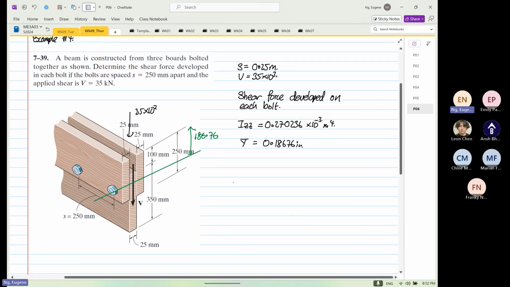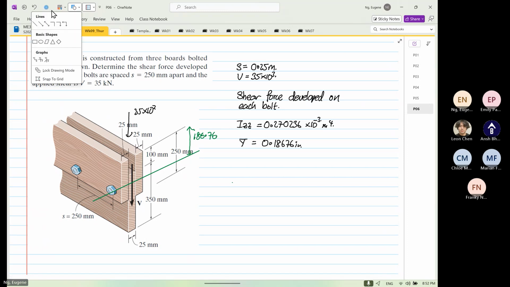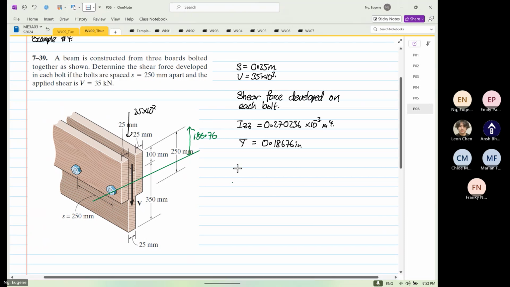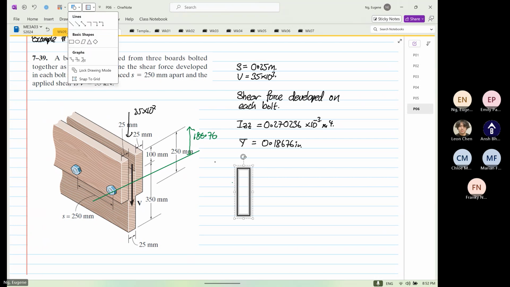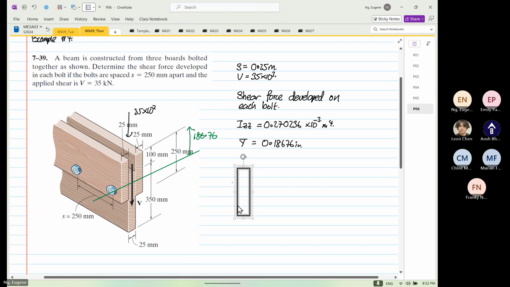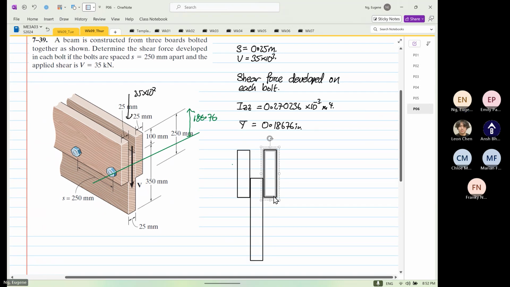Okay, the problem is this. So if I'm going to sketch, this is 1. This is the other one. The thickness of them is 25. And the third one is over here, right?